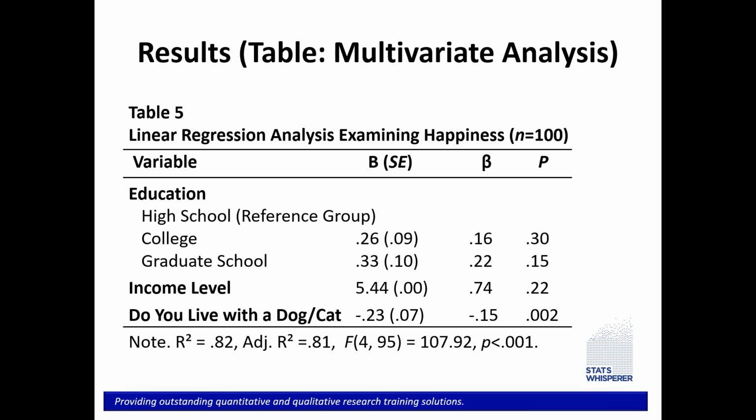Now we just look at the p-values. Everything here is above 0.05, both education categories and income level, but living with a dog or a cat is below 0.05, at 0.002, right there. So what we're saying is whether you live with a dog or a cat predicts your level of happiness beyond your education level and beyond your income level.